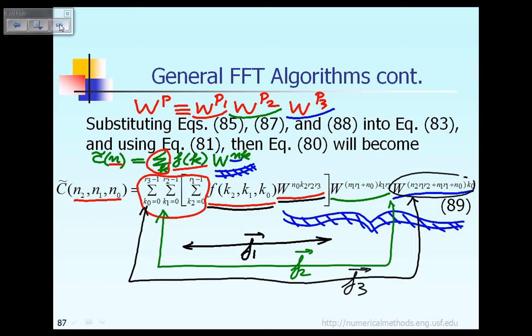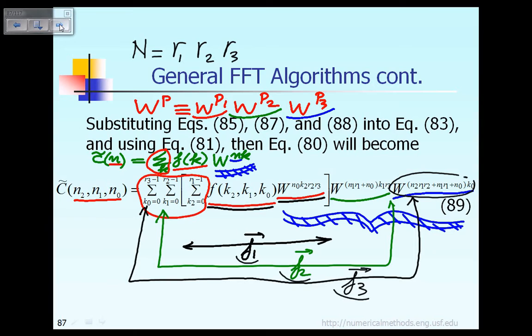Now, again, the reason you have to compute three intermediate vectors F1, F2, and F3 is because we assume right now that capital N is equal to the product of three integers R1, R2, R3, and that's why you have three intermediate vectors F1, F2, F3.